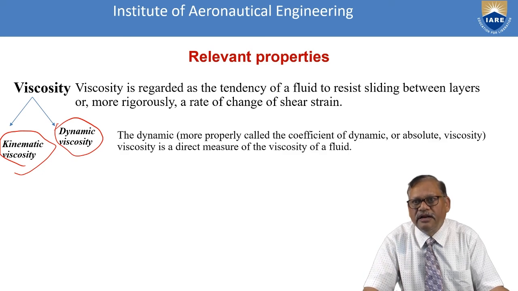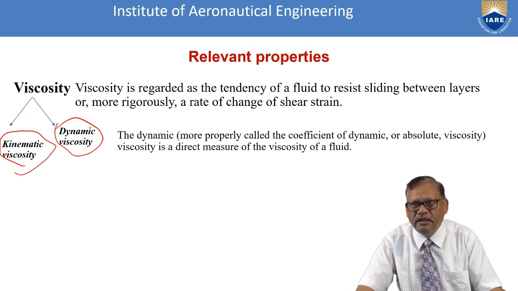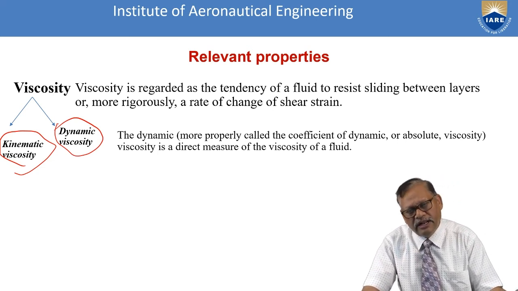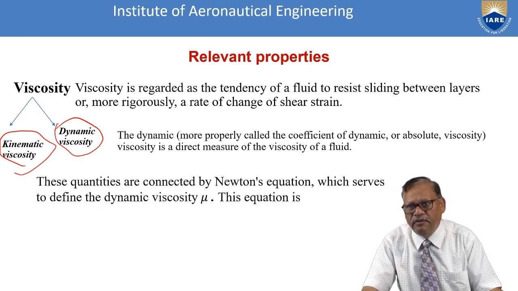Let us see the dynamic viscosity, or more appropriately we can call it the coefficient of dynamic, or absolute viscosity. With this we can measure the viscosity of the fluid. So let us come back to some more. How do we denote it?